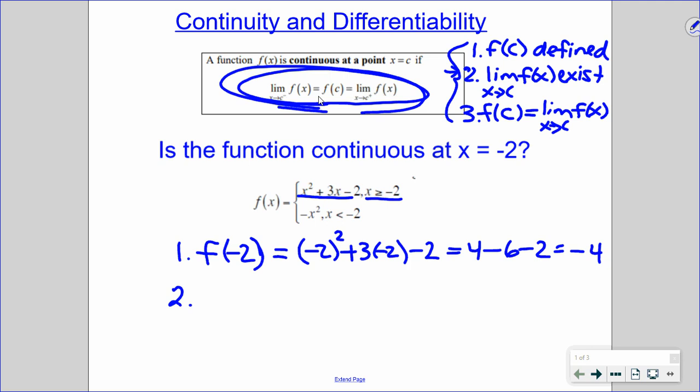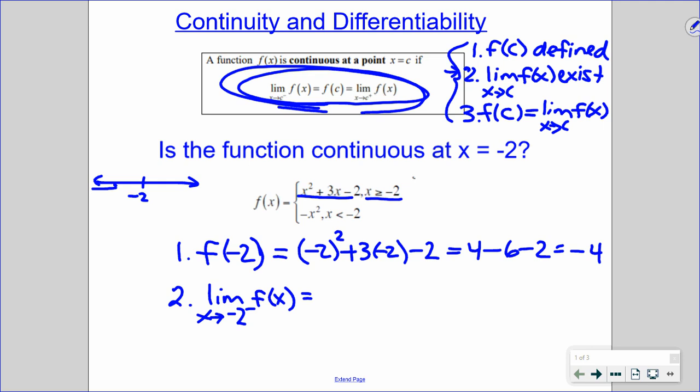Now, based on this piecewise function, remember, in order for the two-sided limit to exist, your one-sided limits have to equal each other. Okay, so we're going to have to evaluate our one-sided limits. So let's start with x approaching -2 from the left. I always like to just start from the left. Well, remember, and if this is helpful, you guys, you should write it out. Here's -2 on our number line.